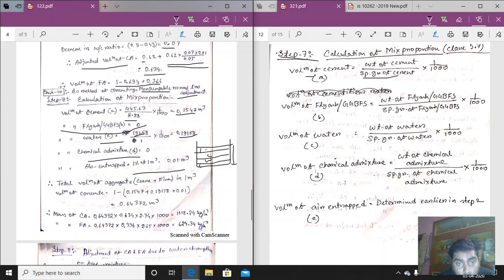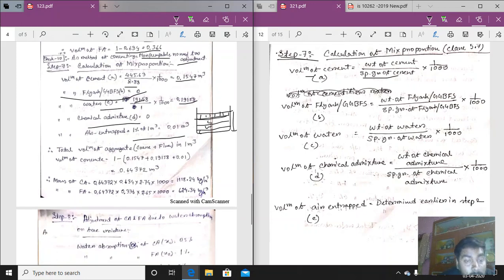So the extra portion has to be the total aggregate. So subtracting the volume of the water, cement and air content from the total volume, we get the total volume of the aggregate in 1 meter cube of concrete equal to 0.64372.